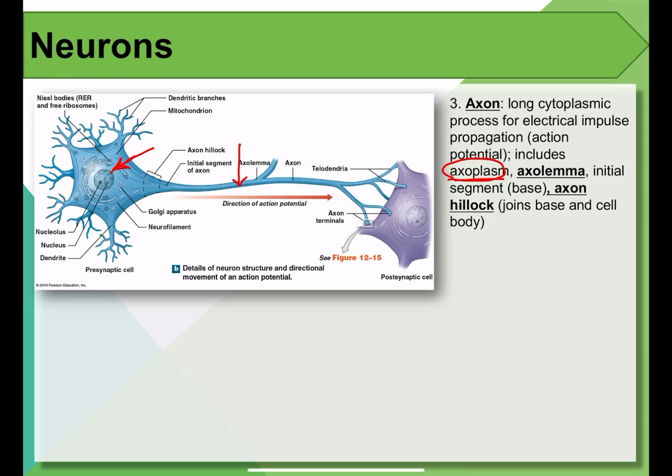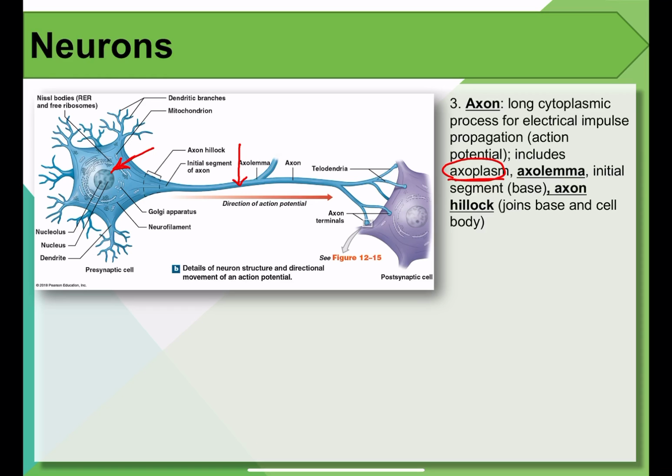And just like how we have sarcolemma for the plasma membrane of the muscle fiber, we have a specific name for the plasma membrane of the axon, because the axon's plasma membrane will have different sodium ion or other ion channels. We'll talk about sodium ion channels and potassium ion channels, and those channels can have different types, whether on the cell body versus the axon.